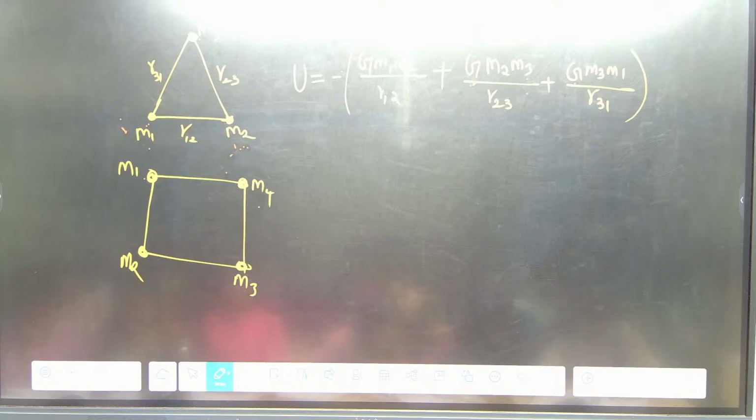One 2, 2 3, 3 4, 4 1, and 1 3, 2 4 should be there, no?